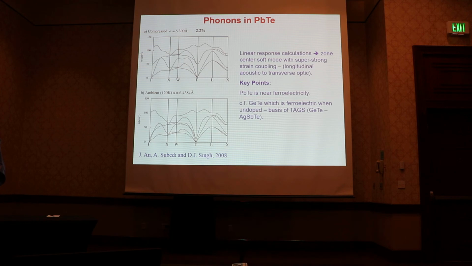It's a high conductivity material, so it's very difficult to measure. And if you substitute by germanium, then it's a ferroelectric material at high temperature, again difficult to measure. I first learned about that at this meeting from Karen Rabe in Williamsburg, who presented first principles calculations and models for germanium telluride. Anyway, this is a phonon dispersion of lead telluride that you can calculate.